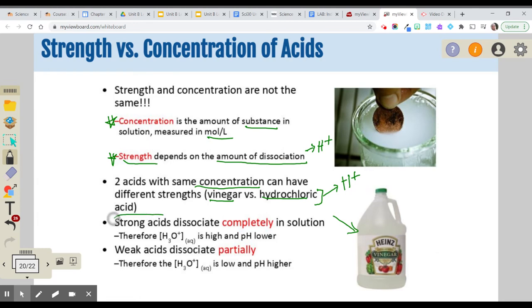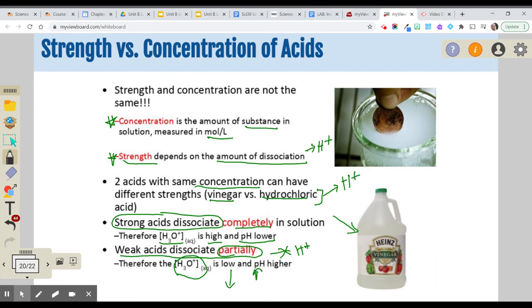Strong acids dissociate completely in solution, so their hydronium ions are high, and therefore their pH is lower. Weak acids only partially dissociate, so they don't donate all of their protons. That leaves the hydronium ions lower, and the pH is a little bit higher than these strong acids.